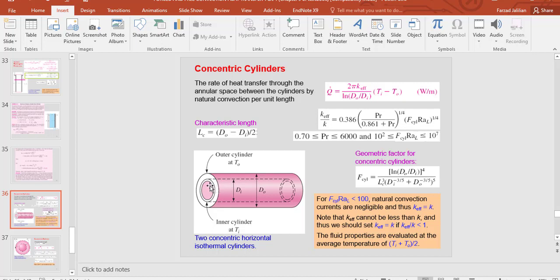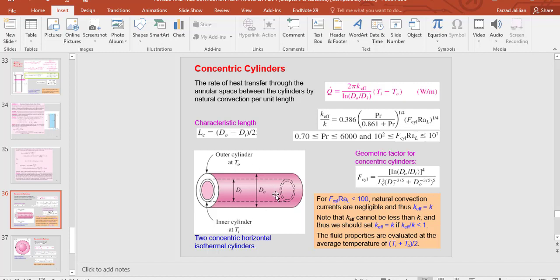The heat transfer is between the outer surface of the inside tube or cylinder and the inner surface of the outer cylinder. And the temperatures of these two cylinders are different. Outer cylinder temperature is TO, which is different from the temperature of the inner cylinder, which is TI.